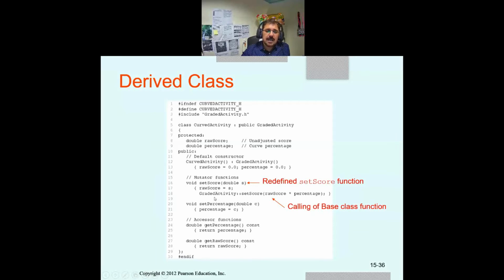But here it is upgraded, redefined in a bit of a new style. Meaning to say, here the adjustment is applied. In this way, it redefines the function. And now an object of the third class will call this one, and an object of the GradeActivity class will call its own parent class function.